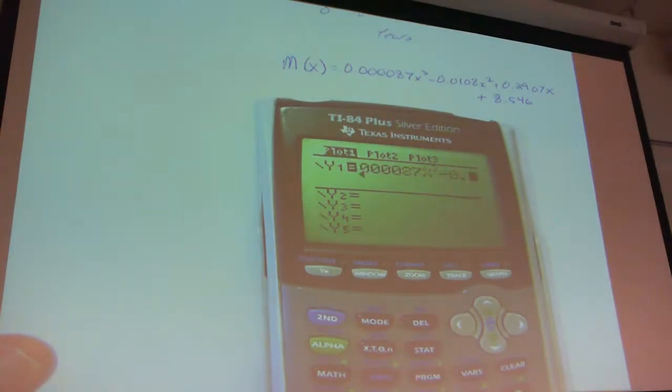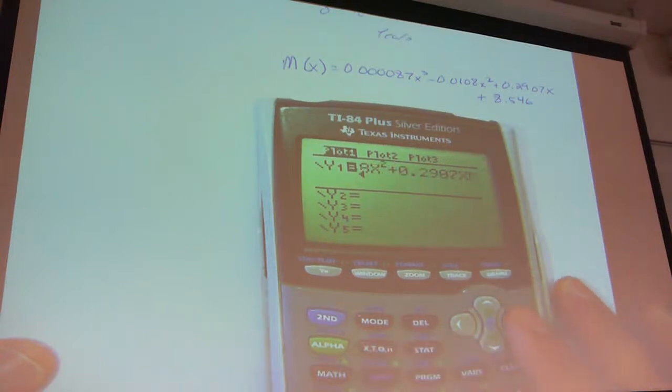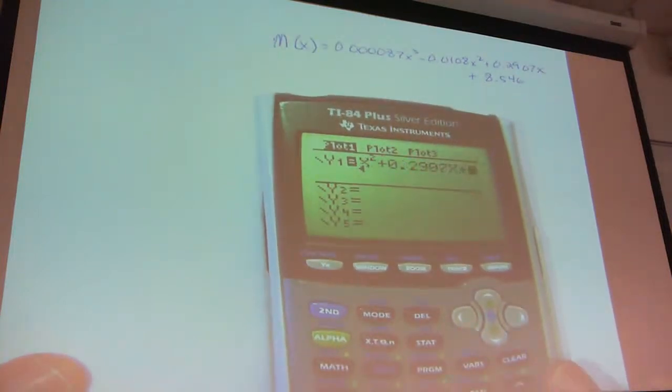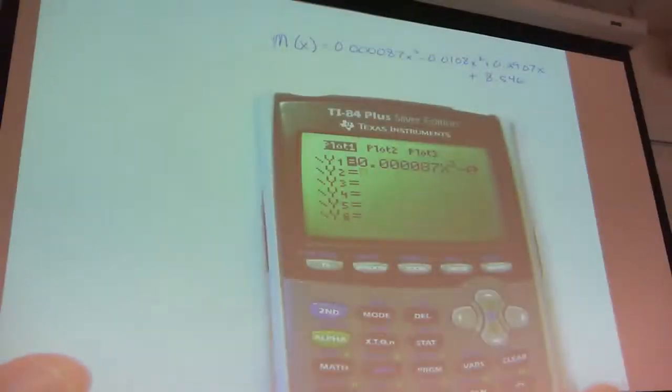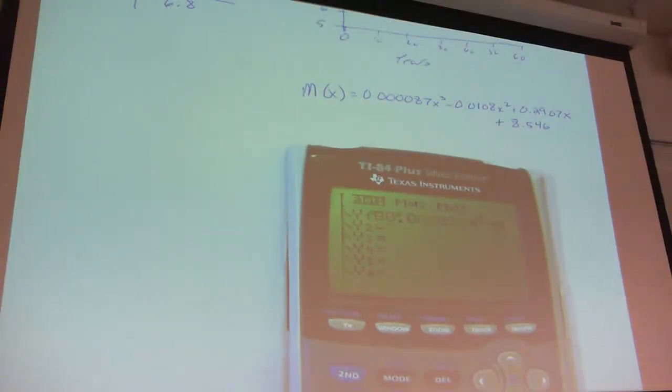Minus 0.0108 x squared plus 0.2907 x plus 8.546. Enter. And when you're done, hit graph, and your line should go through your dots. Linear, quadratic, cubic, all the same stuff.